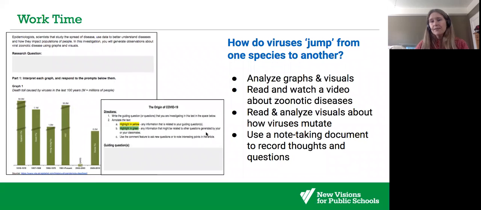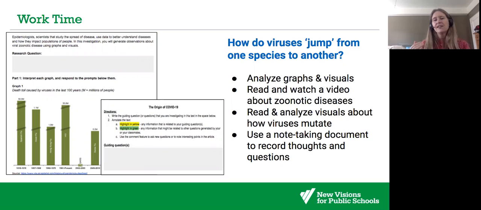During the work time, students have two core tasks. One is an investigation where they analyze graphs and maps and visuals to surface ideas and trends and components of zoonosis, of how we have this phenomenon of viruses jumping from animals to people.